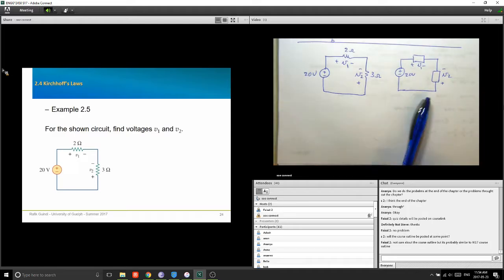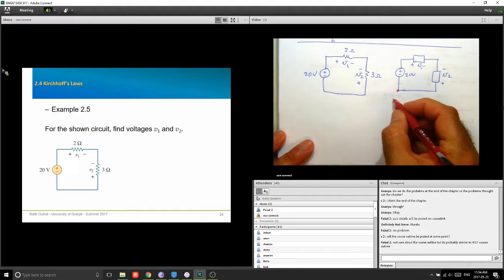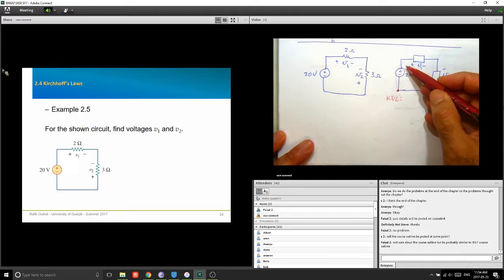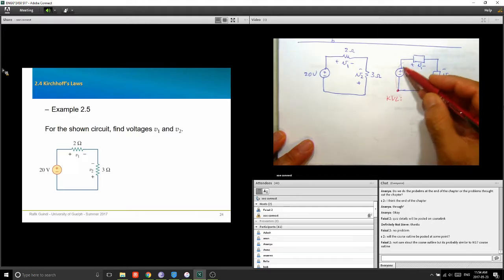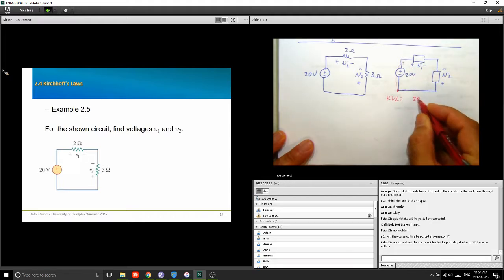Okay, and I'm going to write the first equation by going around that and writing KVL. Start from here. So I'm going like that. Is that a rise or a drop? Starting from here, and I'm going in this direction. That's a rise, okay? 20 volt rise.